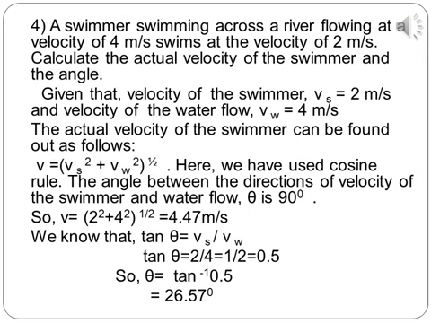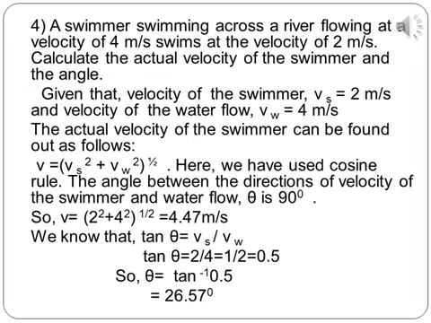Then what should be the actual velocity of the swimmer? It is found by using this expression given. V is equal to square root of Vs square plus Vw square, which is equal to Vs square plus Vw square whole raised to 1 by 2. Here we have used the cosine rule. The angle between the direction of velocity of the swimmer and the water flow, theta, is equal to 90 degree.